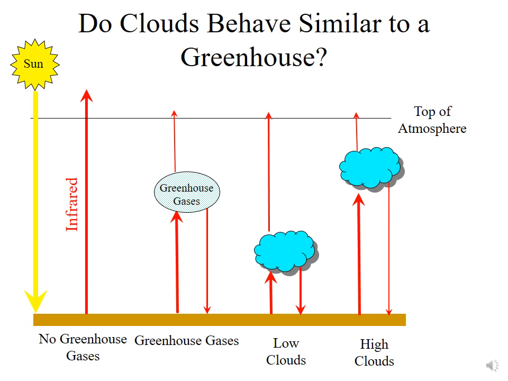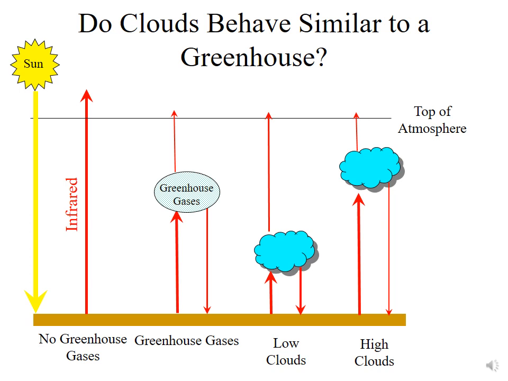So do clouds behave similar to a greenhouse? Well, on the left, we have the no greenhouse gas scenario, where there's no absorption of the outgoing infrared radiation. In the middle, we have the greenhouse gas scenario, where those greenhouse gases are absorbing some of the outgoing radiation and emitting some back down.